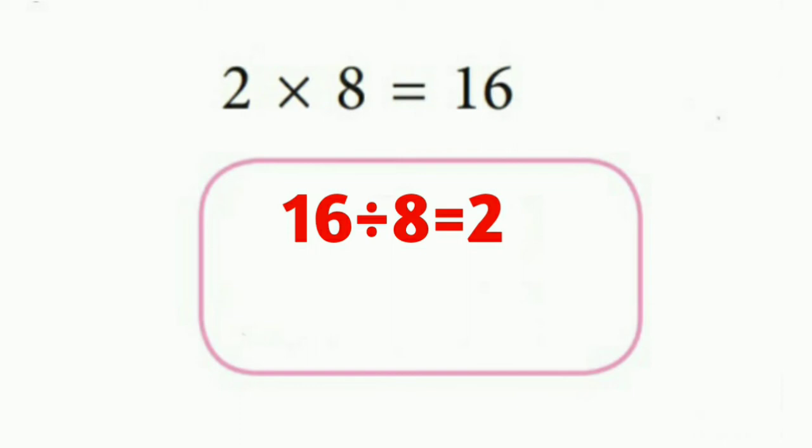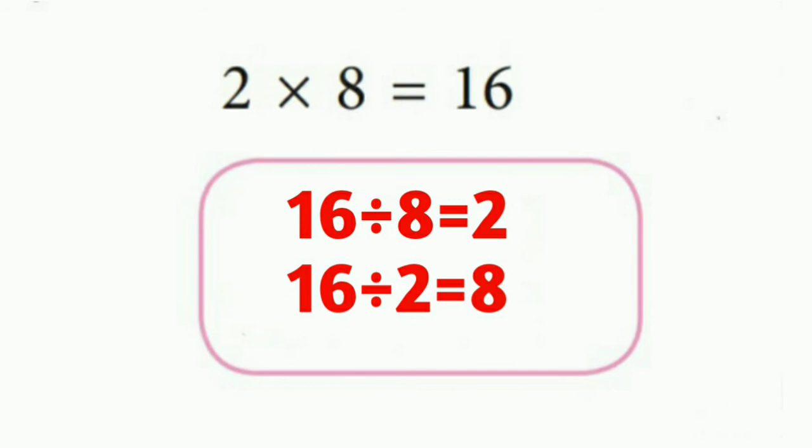It will be 16 divided by 8 equals 2. 8 2s are 16. Now the second division fact will be 16 divided by, this time we will write 2. So 16 divided by 2 equals 8.